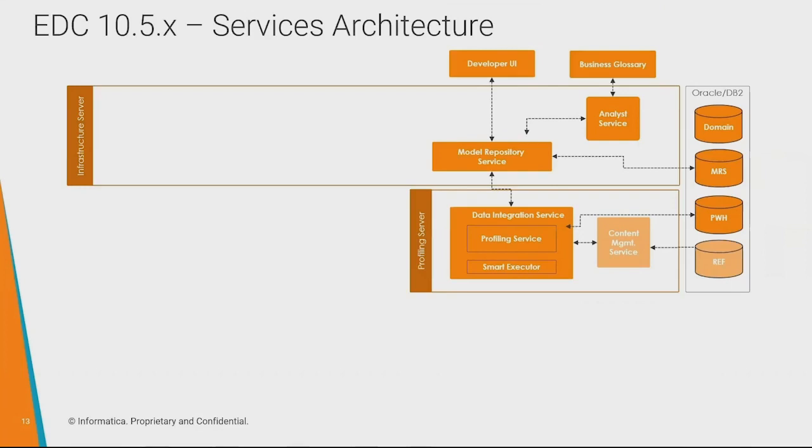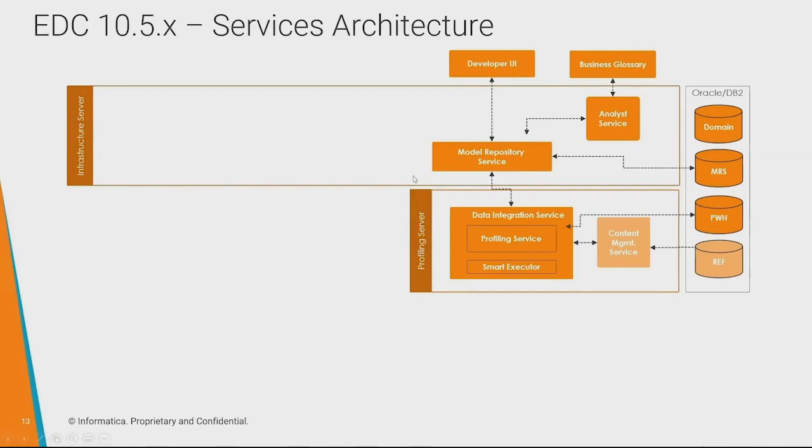Right. So EDC services by themselves reside in a central administrative unit called the Informatica domain. And the Informatica domain is a collection of nodes and services that follows the standard service-oriented architecture. So here I'm showing two nodes. One node is the infrastructure node, another one is the profiling node.